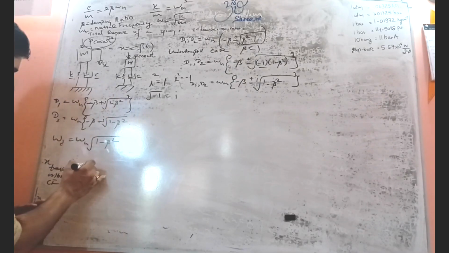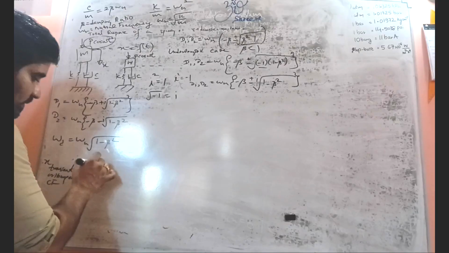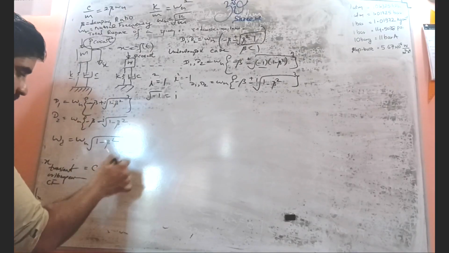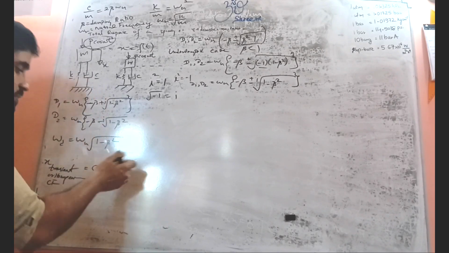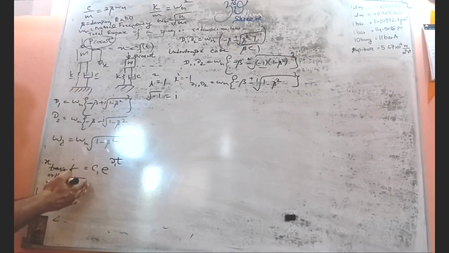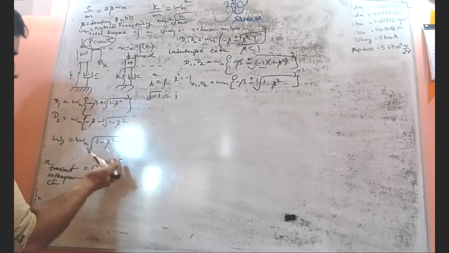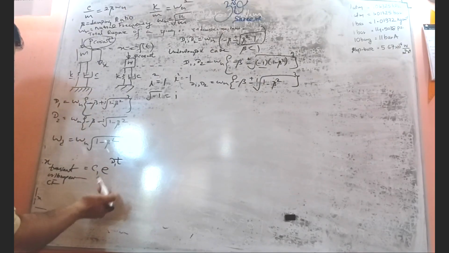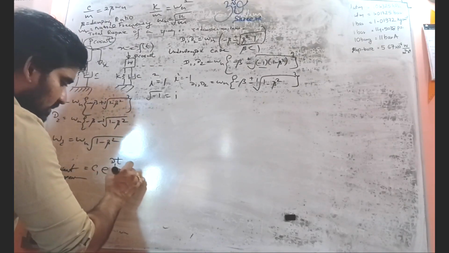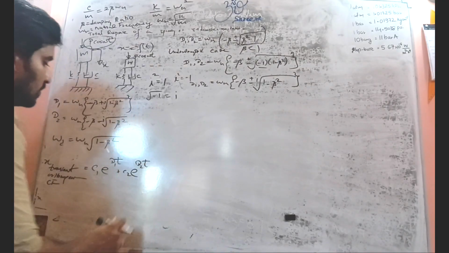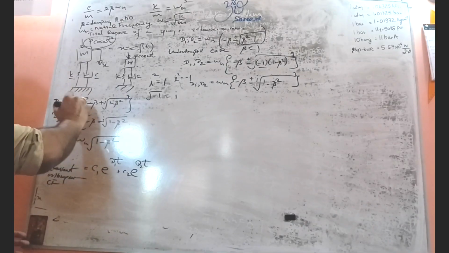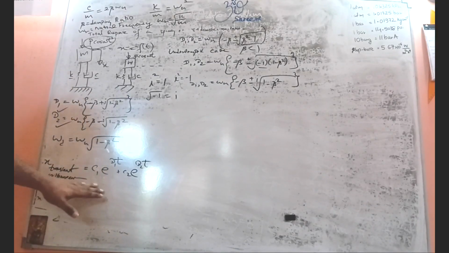So that equals, let's say, whatever constant c1 times e to the power of the first root, the first solution d1 times t, plus c2 e to the power of the second solution, d2 times t. So now you clearly know what is d1, what is d2. I hope this part is clear, right?